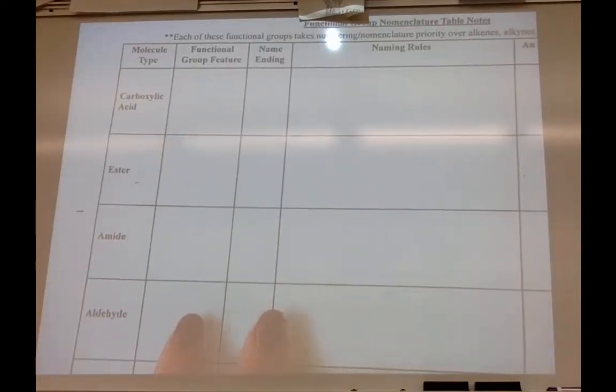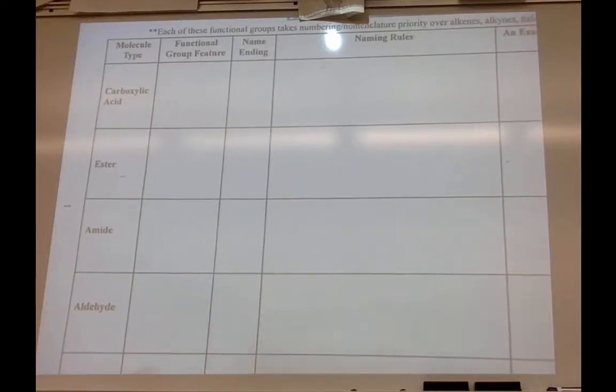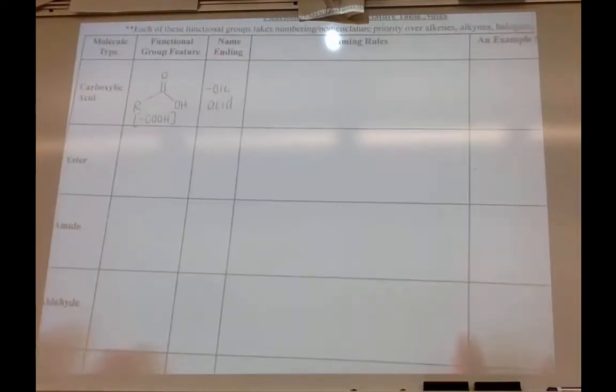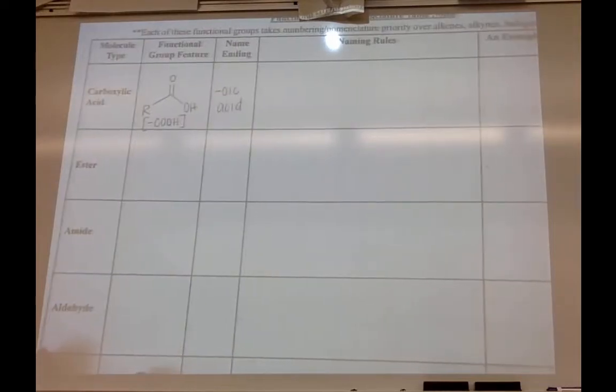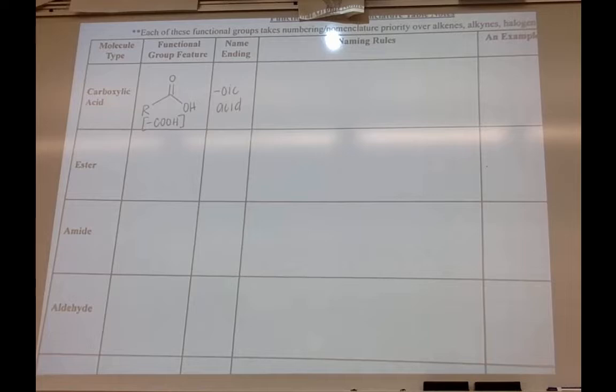So we're going to start by looking at a carboxylic acid. Now, I started doing this in my packet on accident, so here we go. The general structure of a carboxylic acid is COOH.